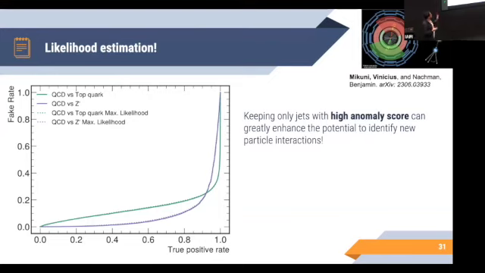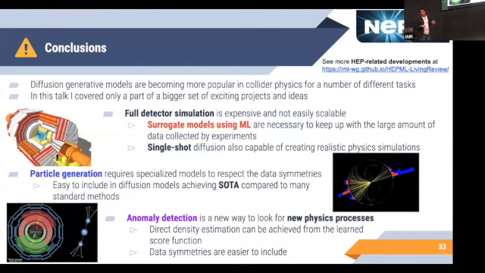This can then be used for anomaly detection, or at least as a variable that can tell you which things are anomalous within your data set. So that brings me to my conclusion, and I'm out of time, so I will stop here, and let me know if you have questions.